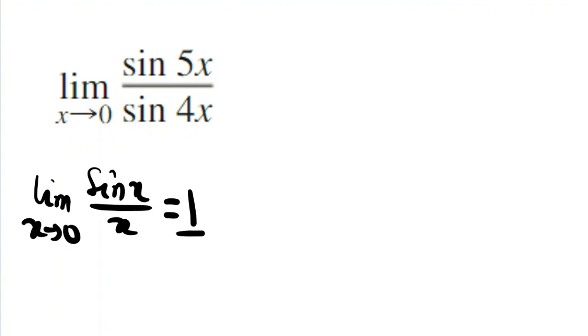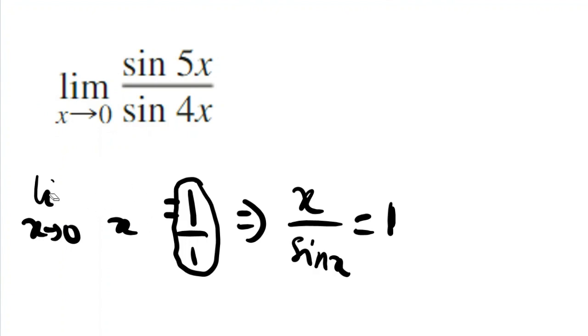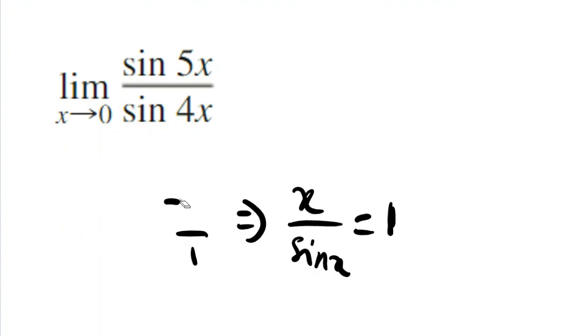This is the same as 1 over 1. So if you find the reciprocal, it is also going to be 1, meaning that if you now have x over sine x, the limit is also going to be equal to 1, because the reciprocal of 1 is 1 itself. This is something you need to keep in mind when approaching this kind of question.